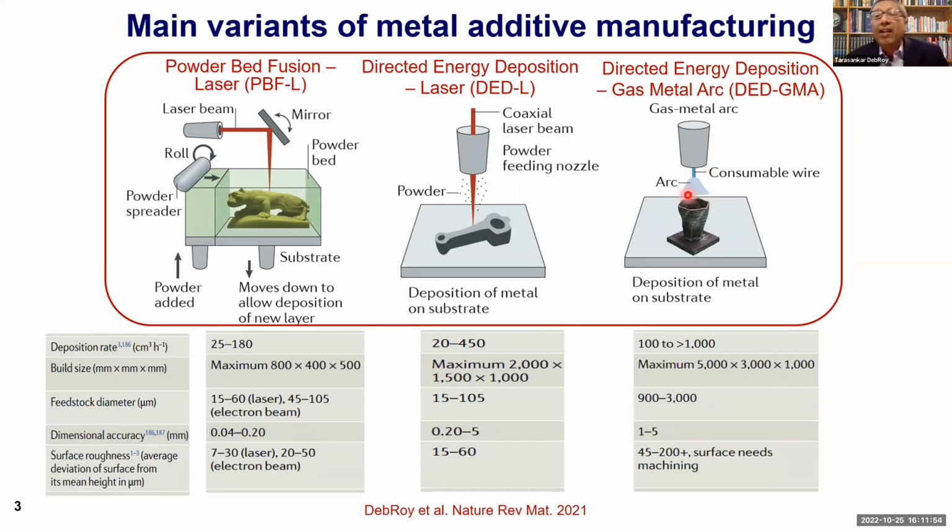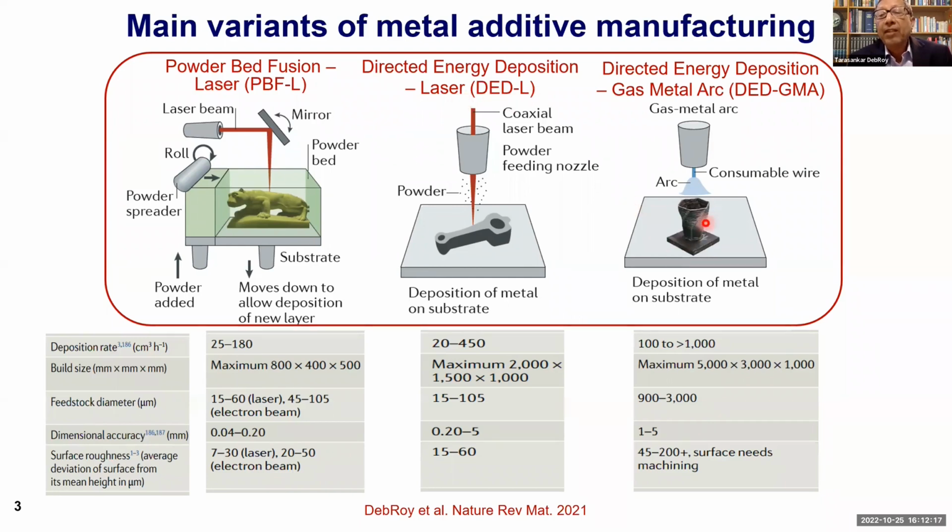And here we can make large components very quickly because we have a consumable wire electrode that we melt using an electric arc. So the deposition rate is much higher than that for the powder bed fusion or directed energy deposition laser system.